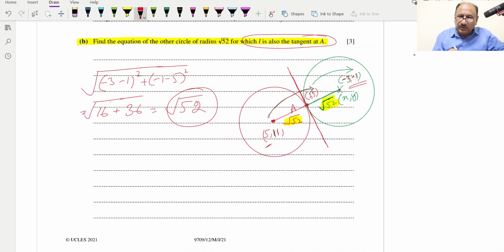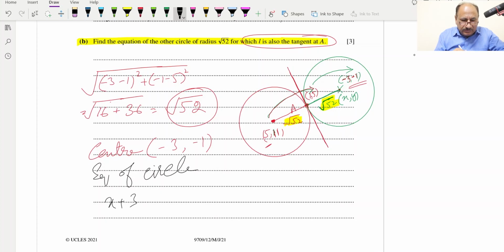So the coordinates of the center will be what? The center will be minus 3 and minus 1. Now we can write the equation of the circle. The equation of the circle will be x plus 3, the x coordinate, plus y plus 1.